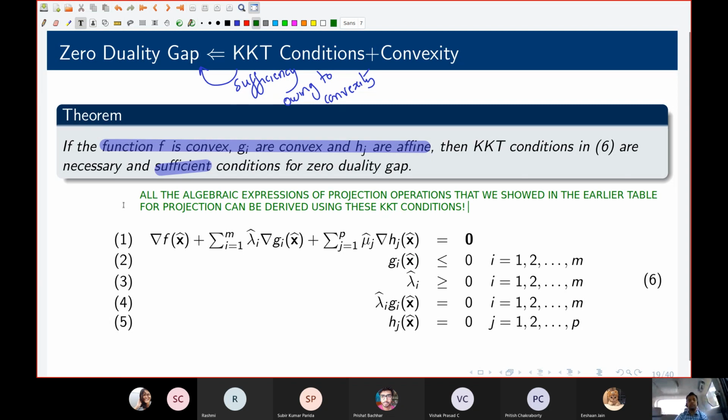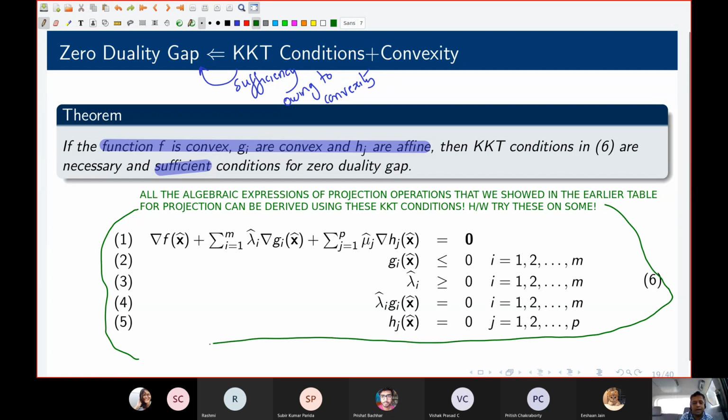So these KKT conditions are very powerful. You can try it yourself. It's not a big deal. Any questions? All of these have to be simultaneously satisfied. It's not an or, by the way, it's an and.